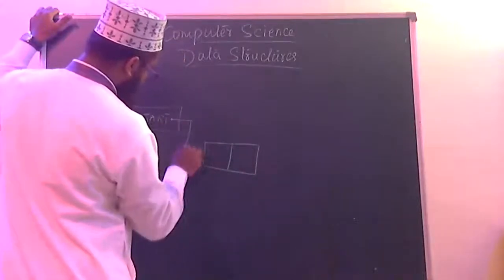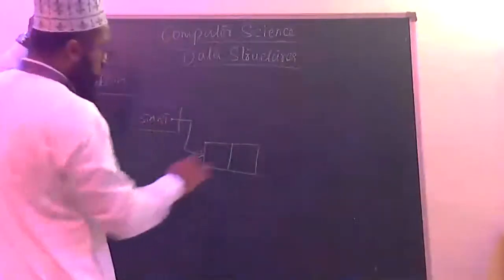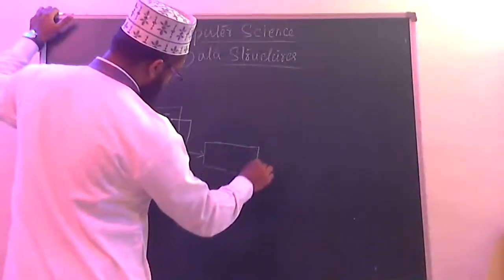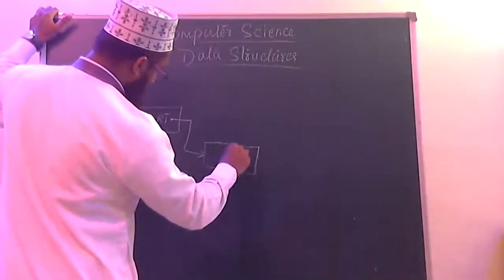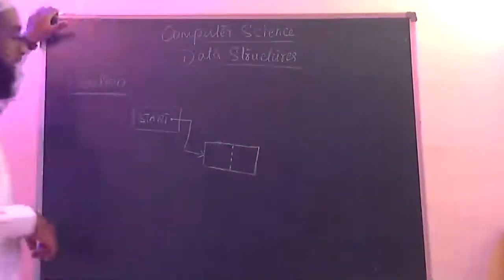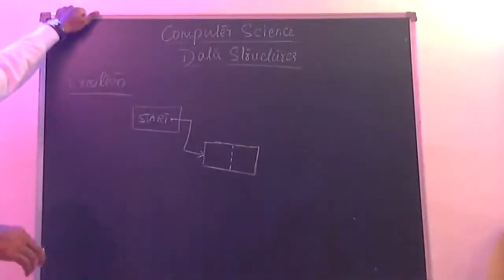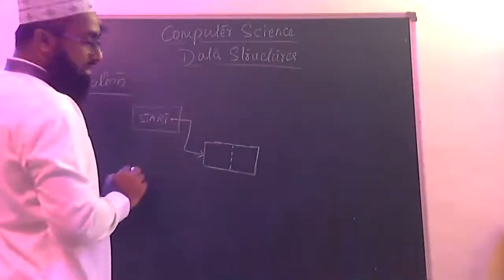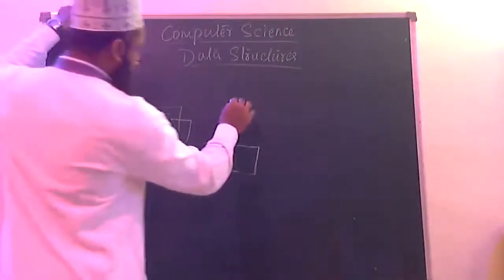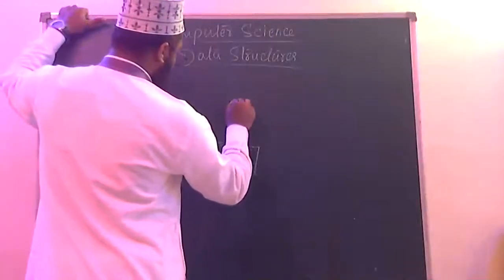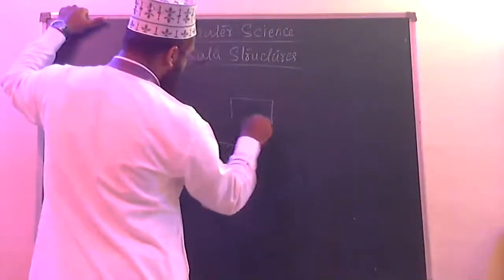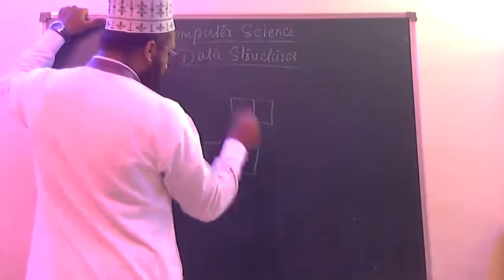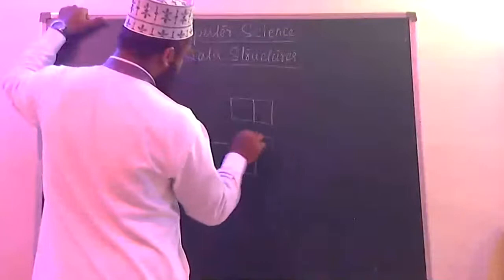This is a node. So basically, this is creating stack. For the stack, if you want to add one more node, then we need to create a new node. Then this node can be added.